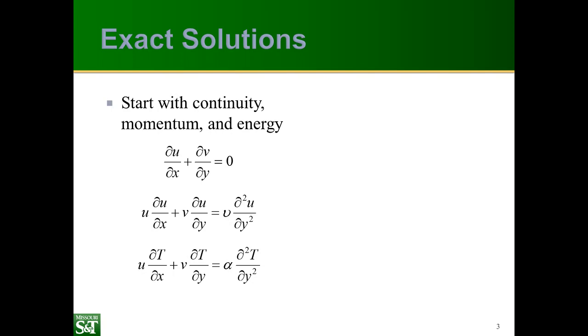We're going to start with our continuity, momentum, and energy, our fundamental balances. And now we have done this analysis for the velocity boundary layer during fluid mechanics, where you talk about the Blasius solution.